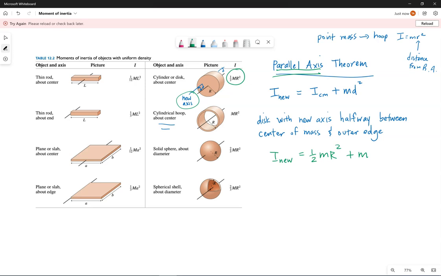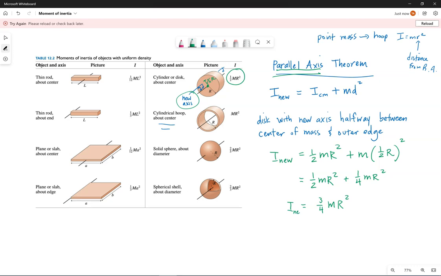D, in this case, I shifted the axis to be halfway between the center and the outer edge. So that would be half of the radius. So I have to square that. So 1/2 mr squared plus 1/4 mr squared, because I have to square the 1/2 as well as the r. Let's see, this would be 3/4 mr squared.